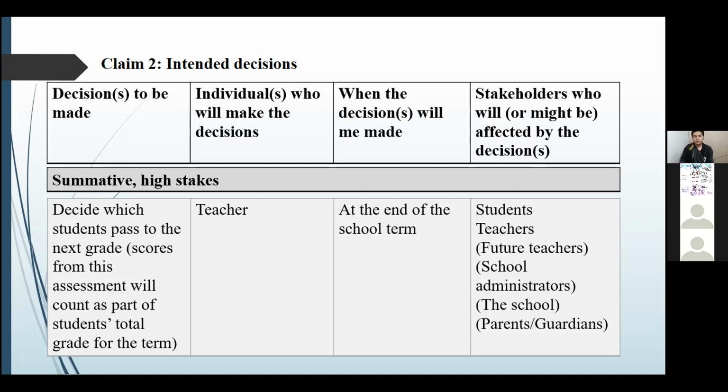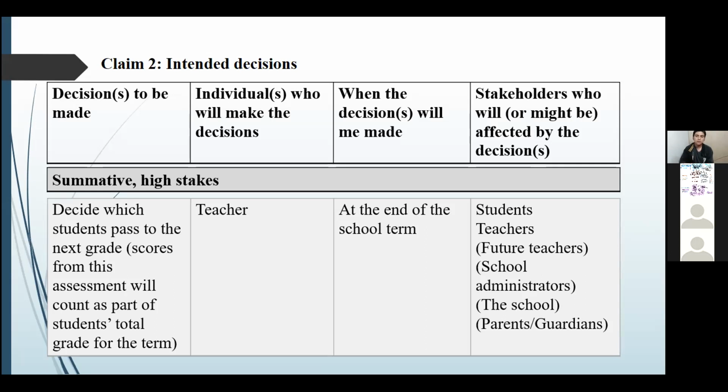In this case, the teacher is gonna decide which students pass to the next grade, according to the scores from this assessment, which will count as part of the student's total grade for the term.